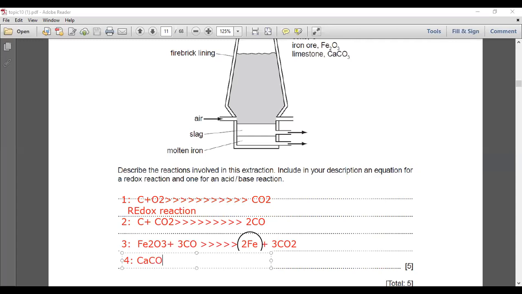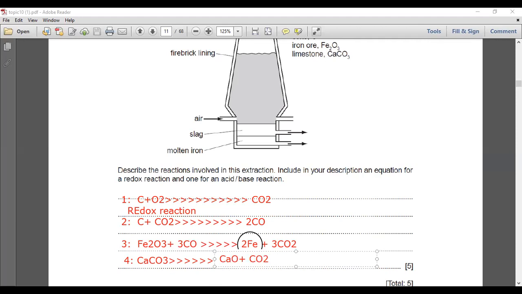CaO plus CO2. Excellent. CaCO3 will decompose to form CaO plus CO2. So here the products are CaO plus CO2.